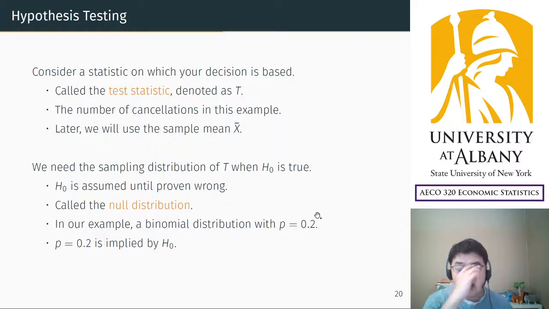If the probability was greater than 20%, then the binomial distribution would be different, right? But we don't care about those guys. We only need the case where the null hypothesis is correct, and we maintain our belief until it's wrong. That's the main principle.